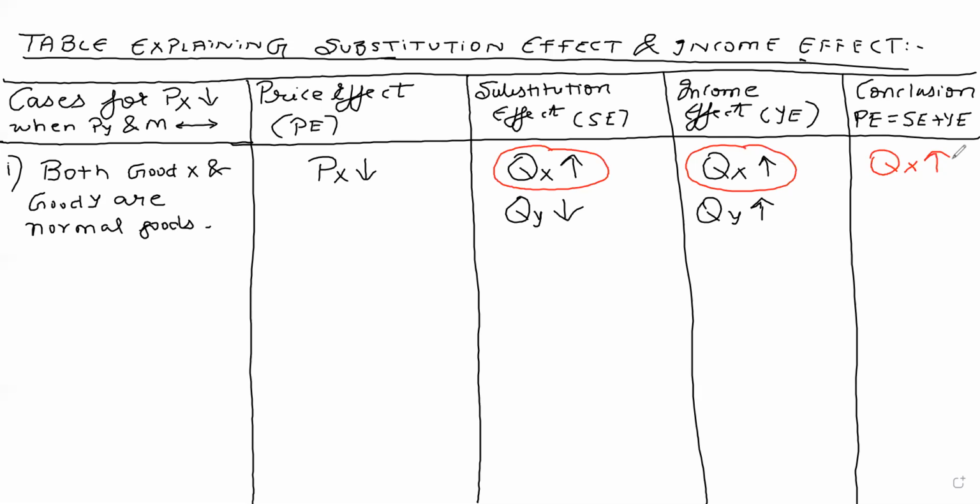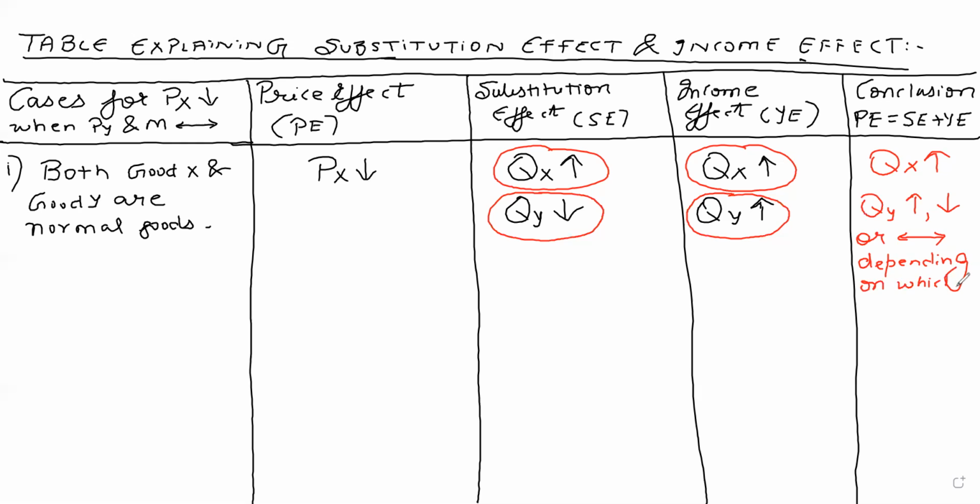But guys, if you look at good Y, quantity of good Y is falling according to the substitution effect. Quantity of good Y is rising according to the income effect. So now I can say that Qy will rise, fall, or remain constant depending on which effect is stronger.